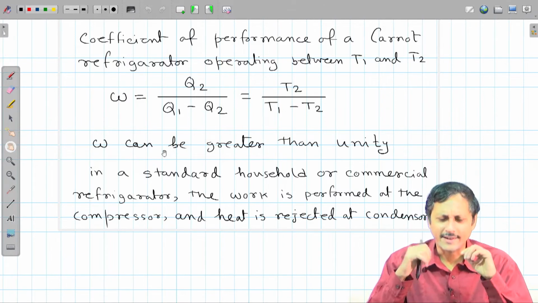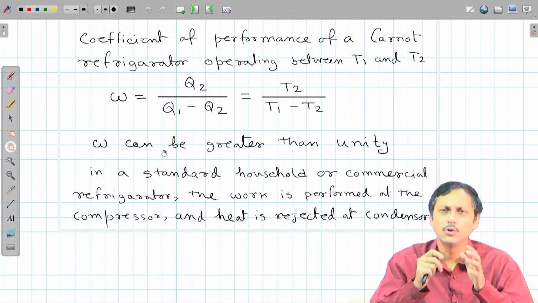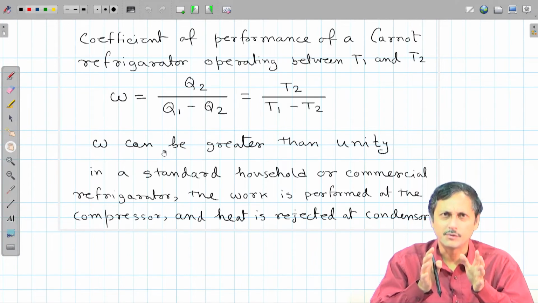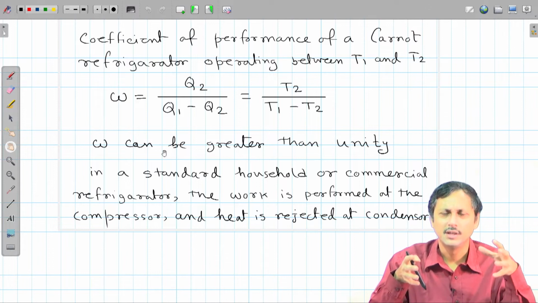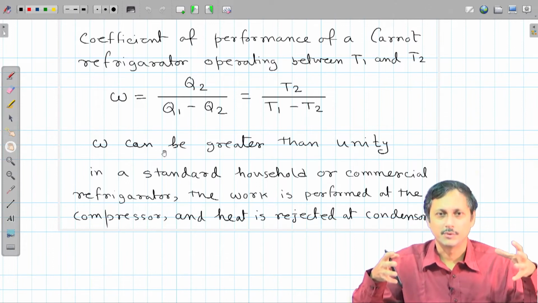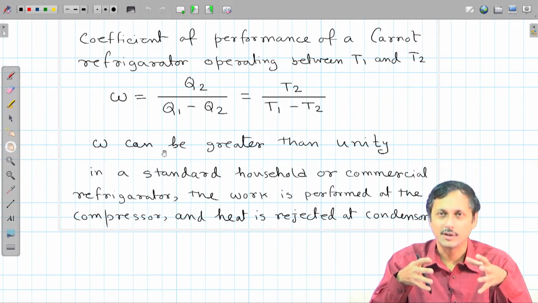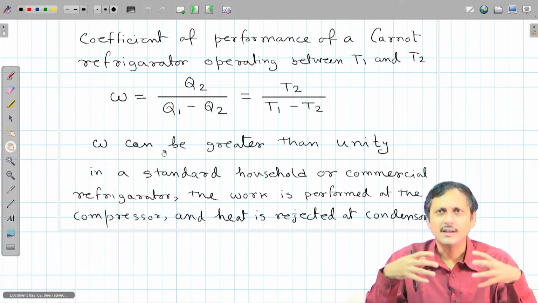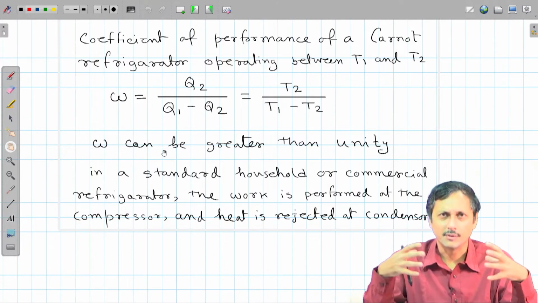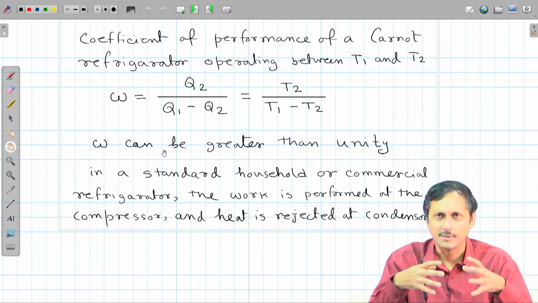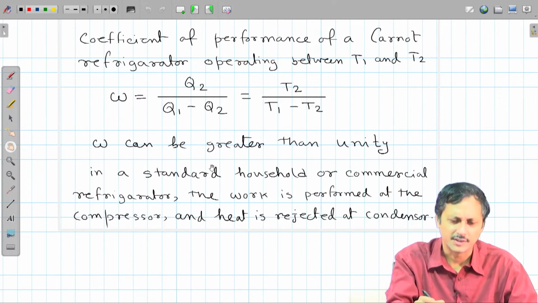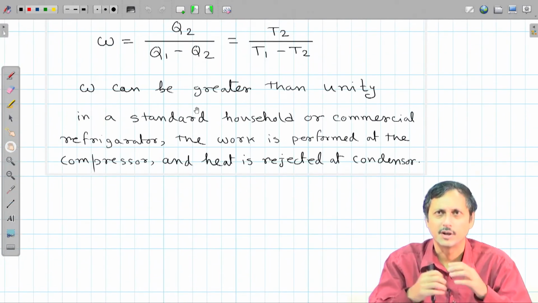Now, in a standard or household or commercial refrigerator, the work that we talk about is performed at the compressor. So, what does the compressor do? Compressor actually compresses the cooling gas, whatever the working substance, and then it becomes liquid under very high pressure, and we have talked about vapor liquid conversion when we were discussing Andrew's experiment on carbon dioxide.